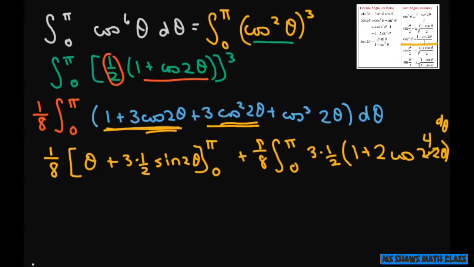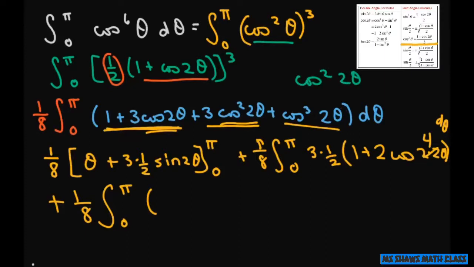All right, and then for this last piece, I'm going to write it as plus 1/8 over the interval 0 to pi. And I'm going to write this cosine here as cosine squared of 2 theta times cosine of 2 theta.